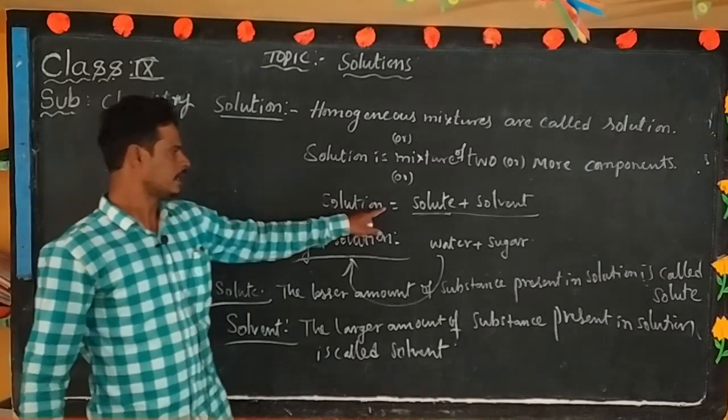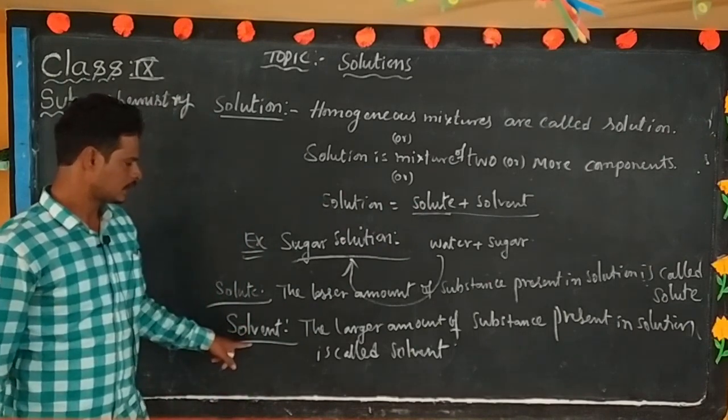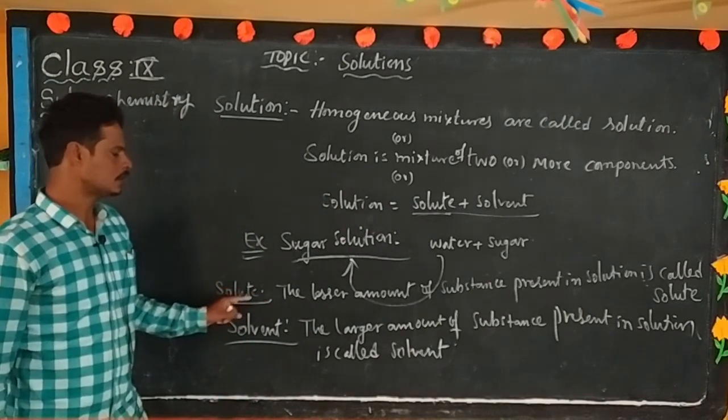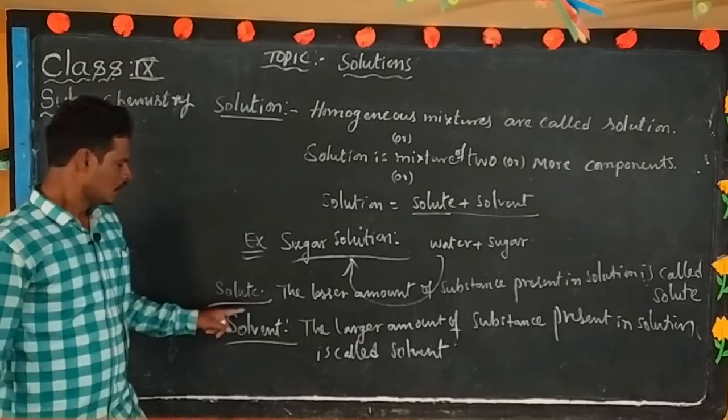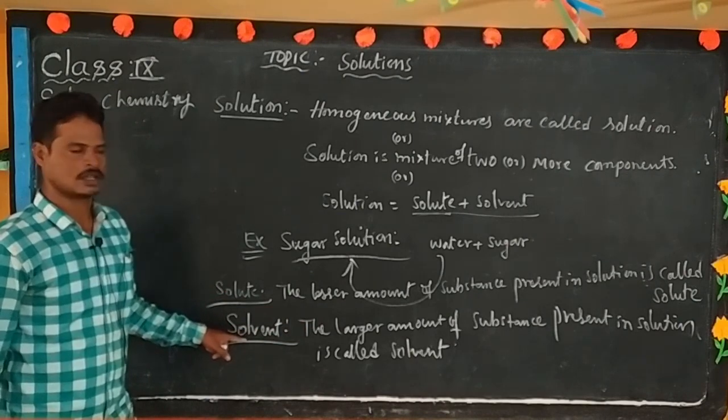So a solution contains solute plus solvent. What is solute? What is solvent? The lesser amount of substance present in a solution is called a solute. The larger amount of substance present in a solution is called a solvent.